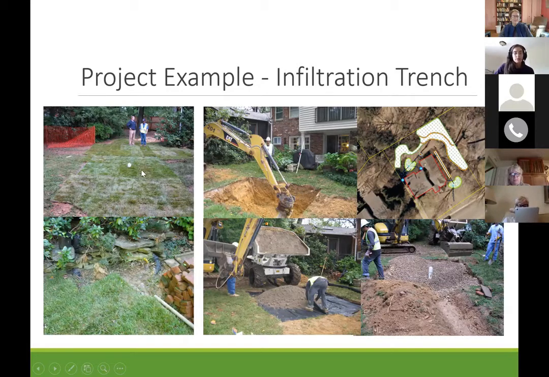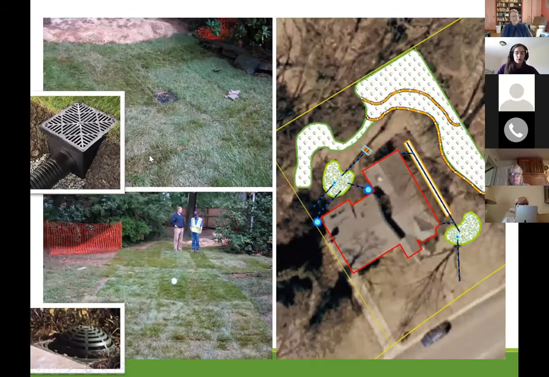Some of these stormwater solutions can be blended into the landscape really well. Some of them can be more visual features, like the rain gardens. This infiltration trench example used some catch basins to drain some low areas. It also had the roof downspouts routed into it.